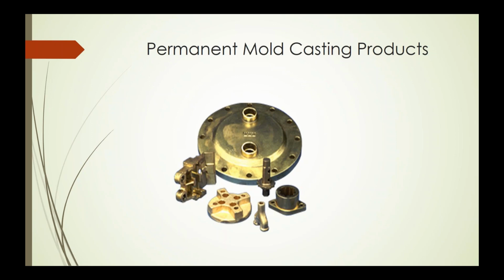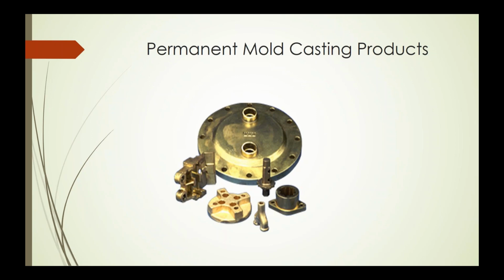So here's copper alloy permanent mold casting products, or items that are produced. Obviously, the big round plate is maybe produced one at a time, whereas the other illustrations shown in this photo may be produced multiples at a time in a casting mold.